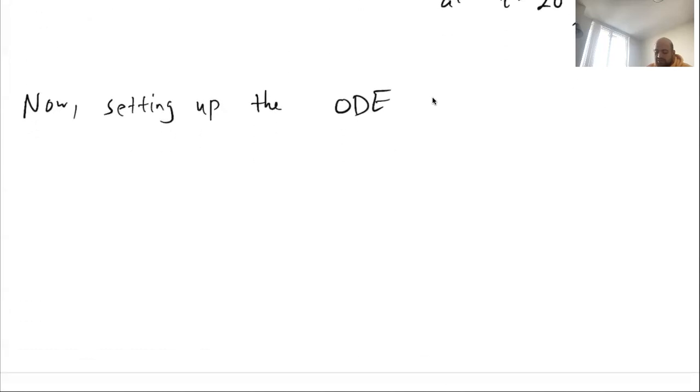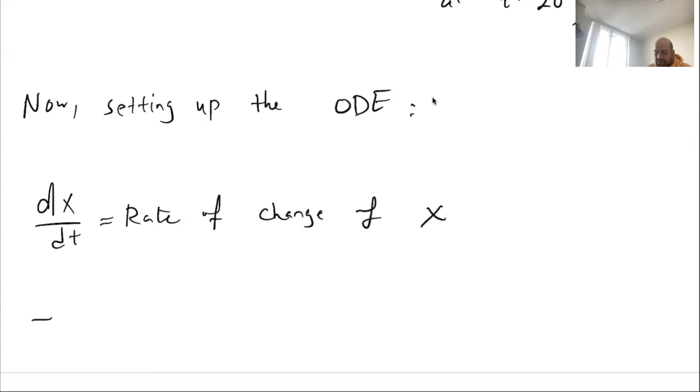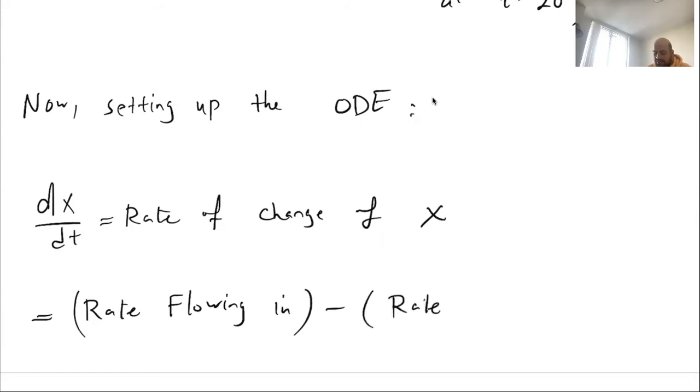So rate of change of X, dx/dt, is rate of change of X, which I can write as rate flowing in minus rate flowing out.